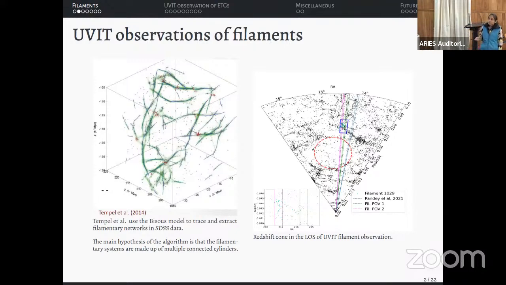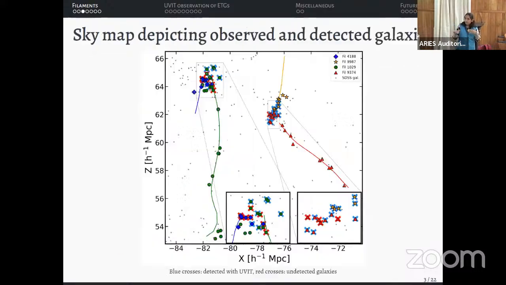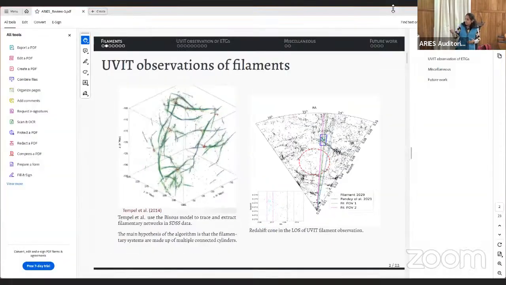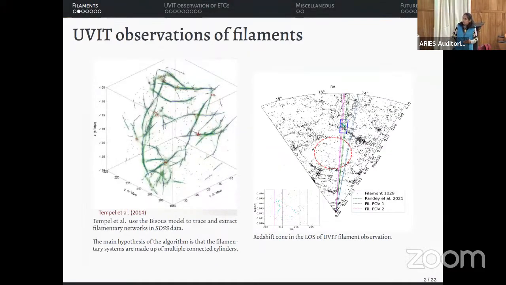This work is based off SDSS data, and they use the BISIS algorithm, in which you assume galaxies to be aligned along cylinders, and you make small cylinders and try to find the inclination of the next cylinder. And if it lies within a limit, you keep on connecting subsequent galaxies.